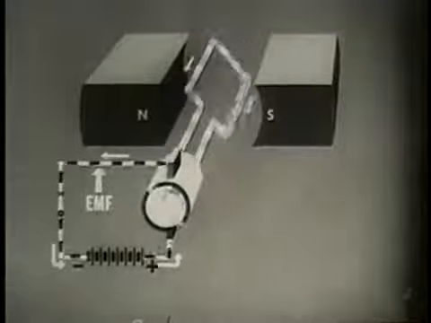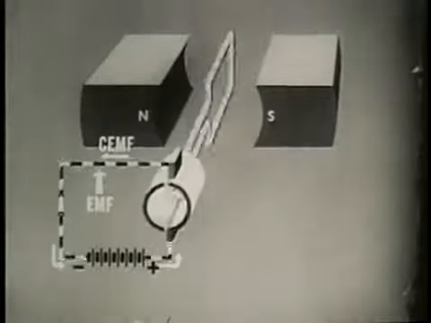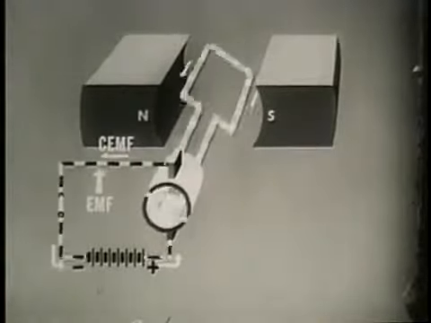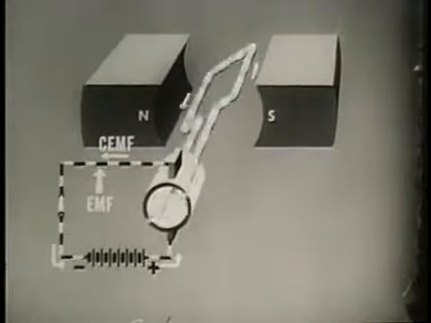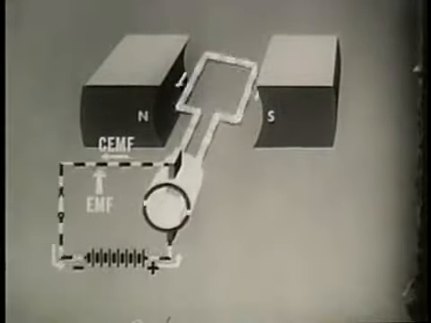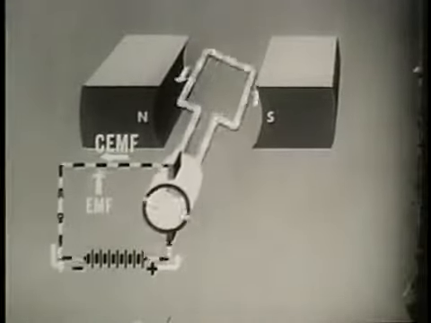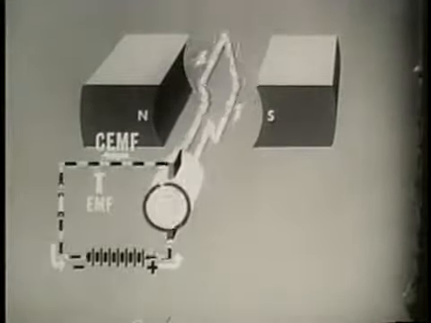This is called the counter-electromotive force, or CEMF. By Lenz's law, the generated CEMF must oppose the applied EMF. The amount of CEMF depends on the speed of rotation. This is of practical importance in large motors.